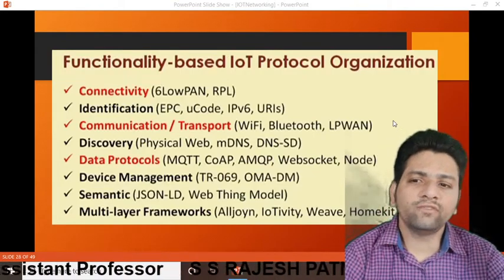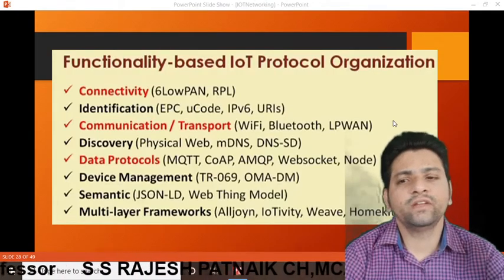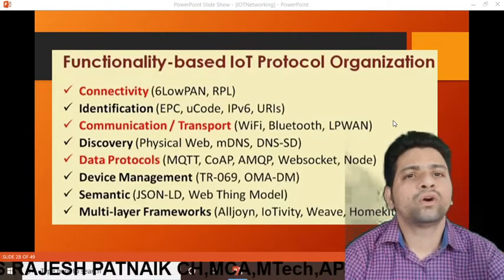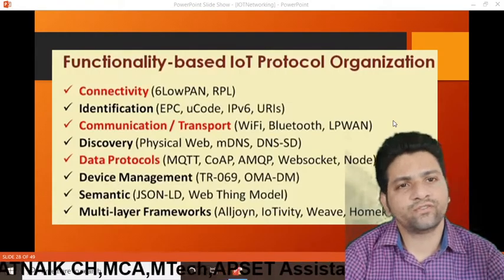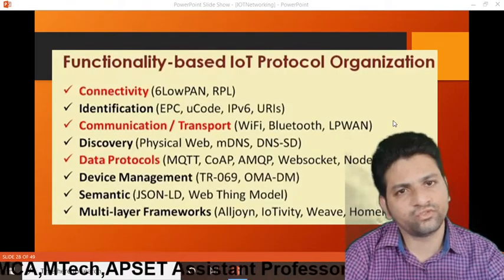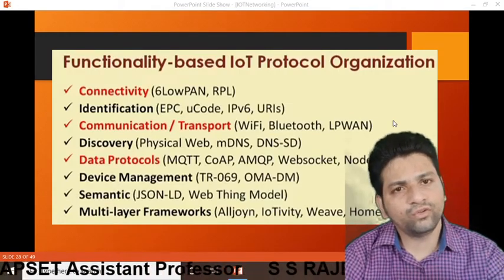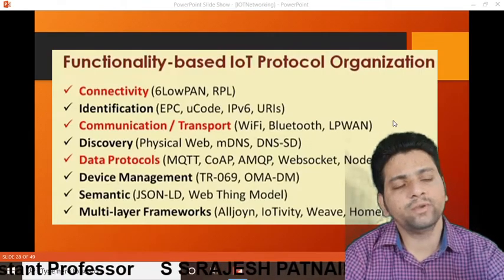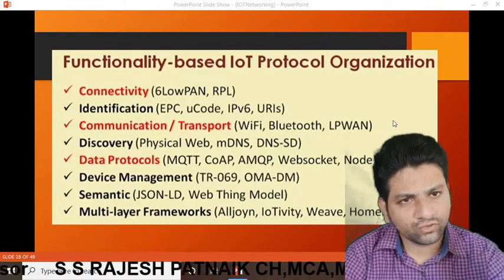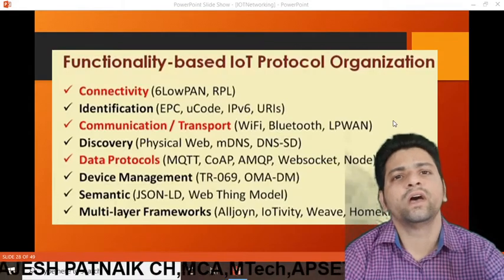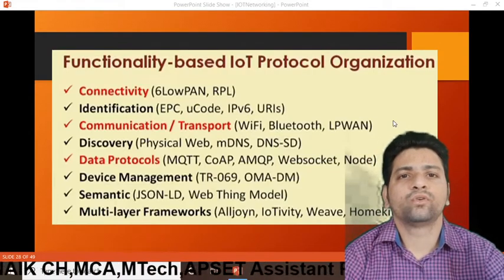We also have the multi-layer framework protocols. If you have different types of layers used in IoT devices, the data will be transferred from layer to layer. Then we are going to use the multi-layer protocols.